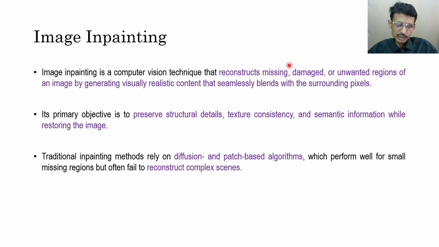It's a kind of restoration technique where, if some old image has been destroyed due to some noise, we try to reconstruct the missing or damaged part of the image. Traditional inpainting methods rely on diffusion and patch-based algorithms, which perform well for small missing regions but often fail to reconstruct complex scenes.